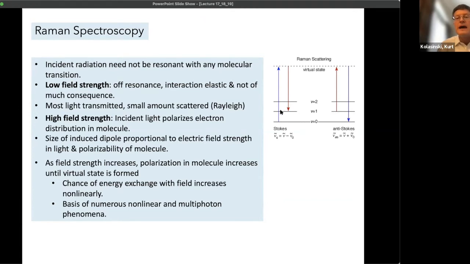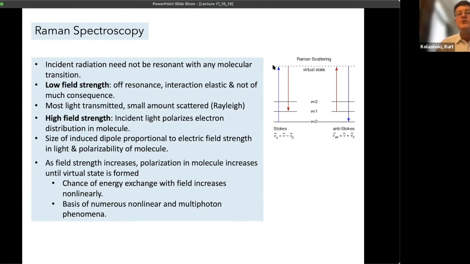And oh, look, the photon that came in and created the virtual state and the photon that went out, that relaxed it, differ in energy by exactly the amount of one vibrational level.